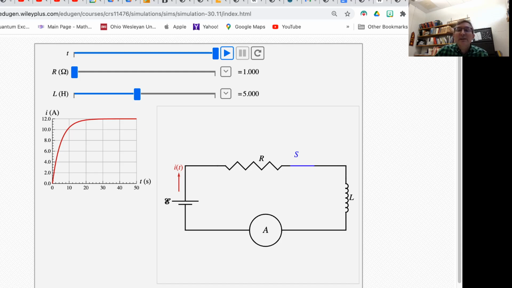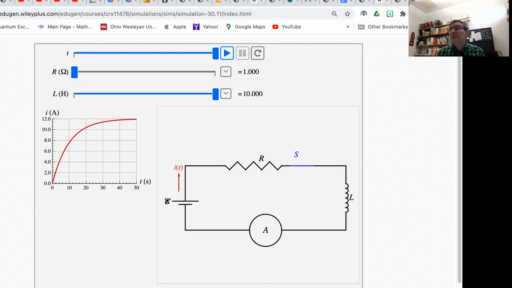All right, now I'm going to reset, and I'm going to increase the inductance from 5 henries to 10 henries. When I run it, I want you to predict first, how is the graph going to be affected? Think about that a moment. Now, ready? Have you made a prediction? All right, I'll run it. Still ramps up to the same final current, but it takes more time.